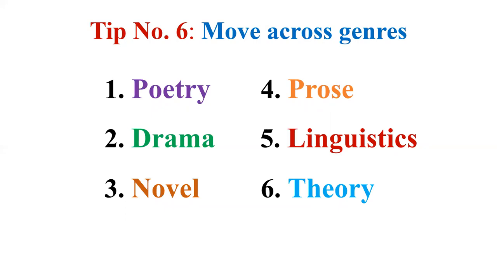They keep on preparing on that topic and neglect other topics. So make sure whenever you prepare, maybe 1 day or 2 days for one topic, and then you move on to the next. Why don't you go for drama or novel, prose, linguistics, or theory, and apply all the things we have seen so far. Maybe you choose novel. Why don't you go for Dickens or any other novelist in the world?